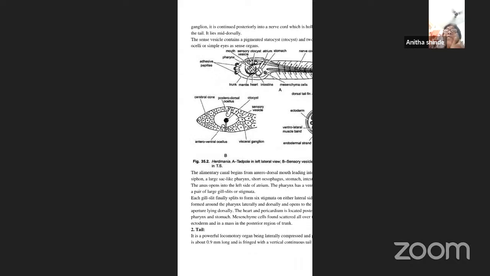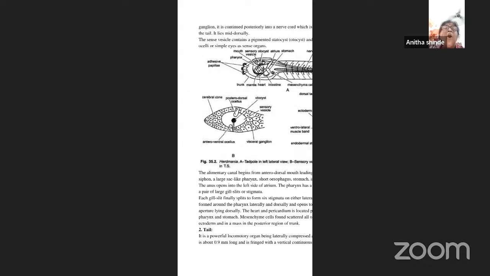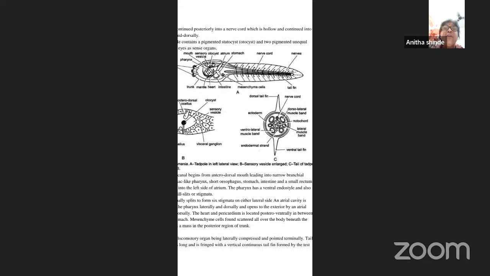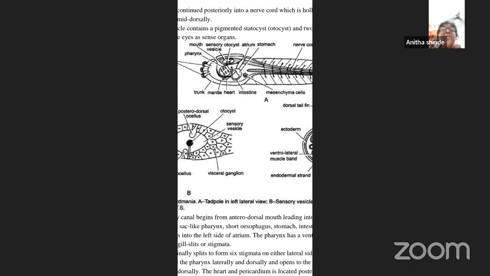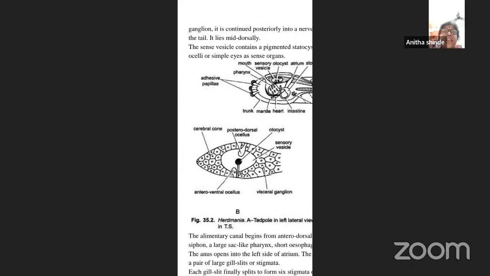That is how the notochord will be developed. Then the sense vesicle also contains a pigmented statocyst, that is the otocyst, and 2 pigmented unequal ocelli or the simple eyes as the sense organ. So here, this is the tadpole larva of Herdmania, where you are seeing almost all the parts.